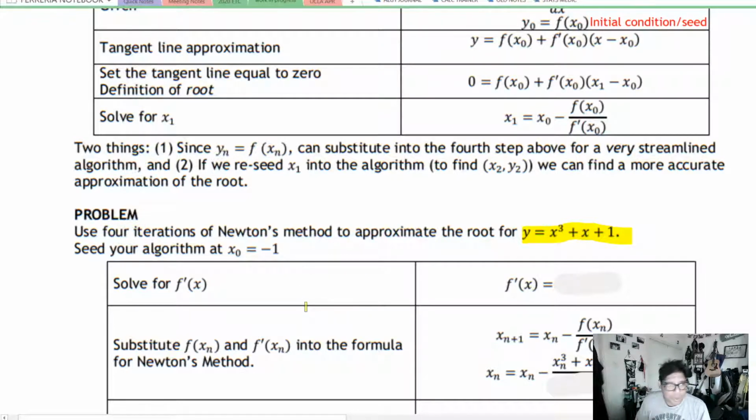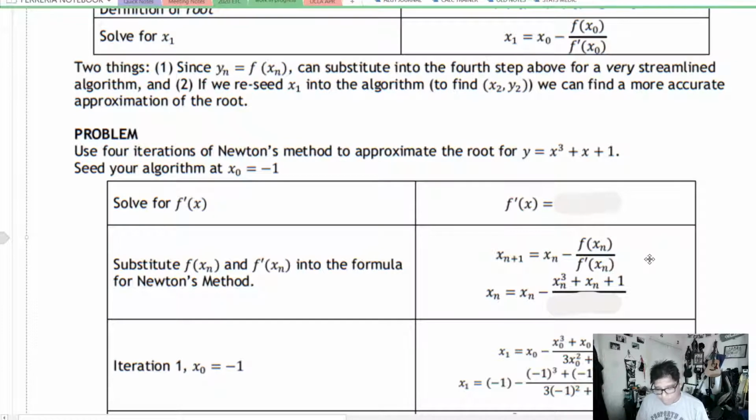Where is the root? And we're going to start off at x naught equals 1. So first thing in the algorithm that we're going to do is solve for f prime. So what is f prime? Well, that's just 3x squared plus 1.